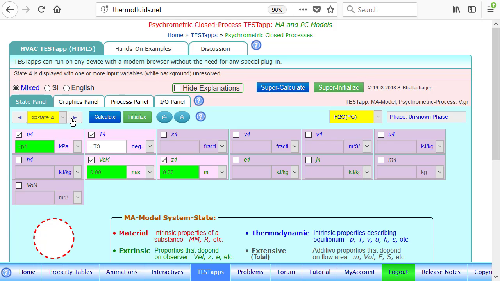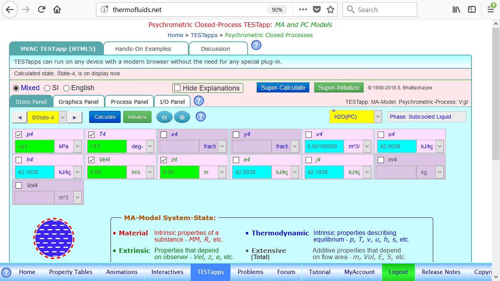State 4 is the H2O, the condensate, and the condensate temperature will be the same as T3 by default because of the final temperature. So therefore, we can find the enthalpy of water. Notice that I put P4 equals P1. If you put x equals 0, that also will produce very close to the same enthalpy, which is the standard in psychrometry.